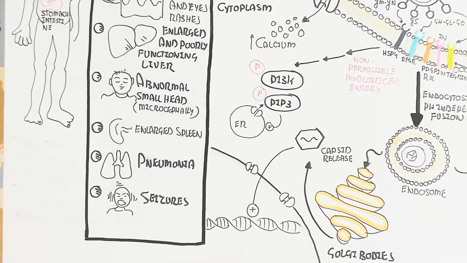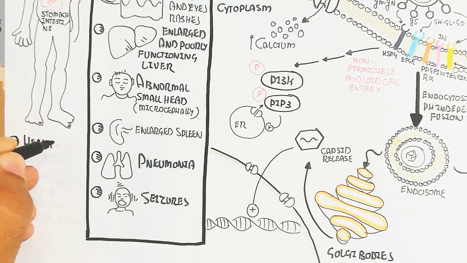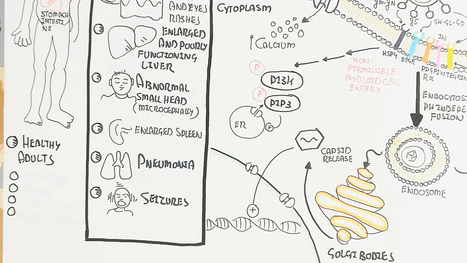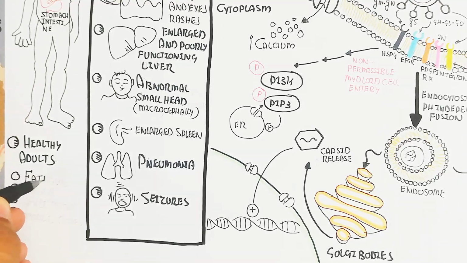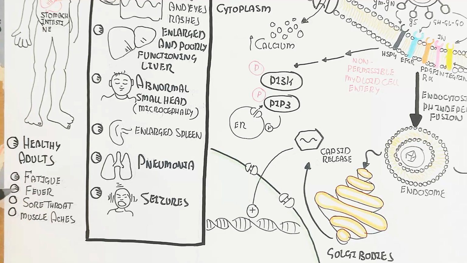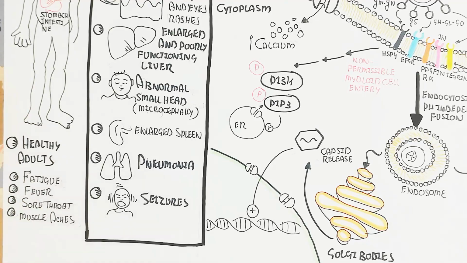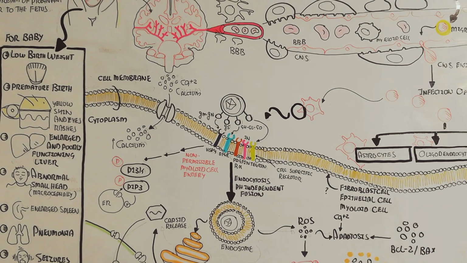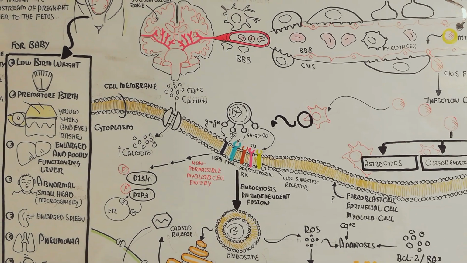On the other hand, a lot of other complications can arise. In healthy adults, this infection can cause fatigue, fever, sore throat, and muscle aches. There are many brain diseases that can occur, but in this video we saw a quick review of the cytomegalovirus. I hope this makes sense.